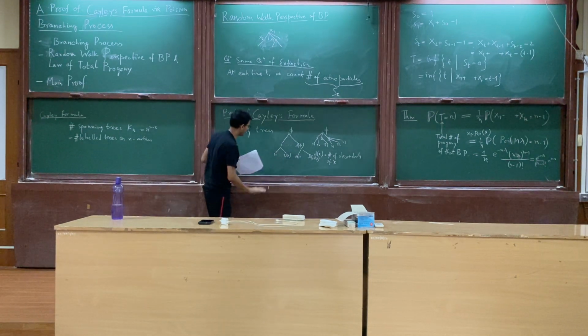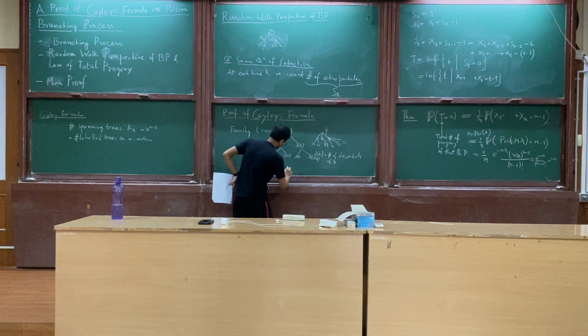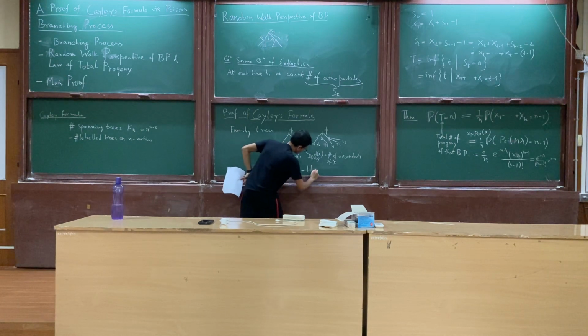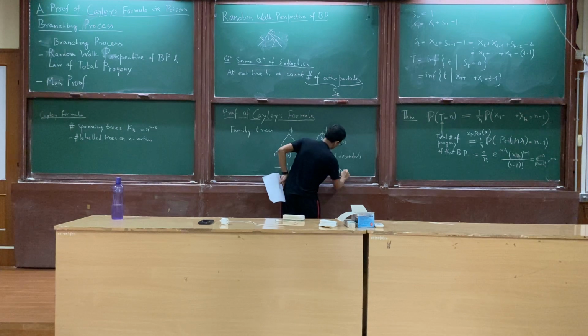It's just a new labeling on the trees. This labeling is called the Ulam-Harris representation.